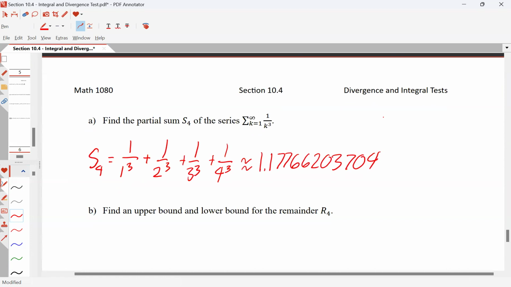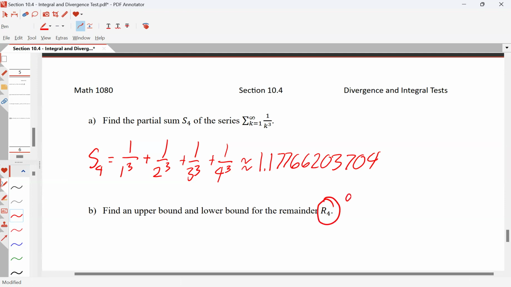And now, that is just those first four terms. What are we throwing away? The 1 over 5 cubed plus 1 over 6 cubed plus 1 over 7 cubed, and so on. That's R4.